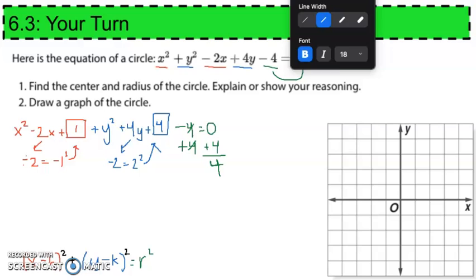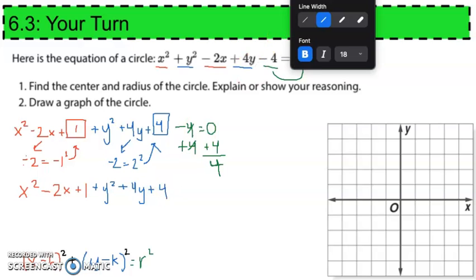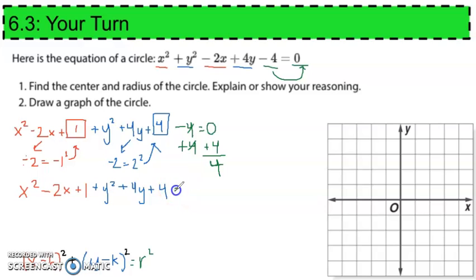So let's go ahead and start by just rewriting it. We have x squared minus 2x plus 1 plus y squared plus 4y plus 4, and then equals 4.